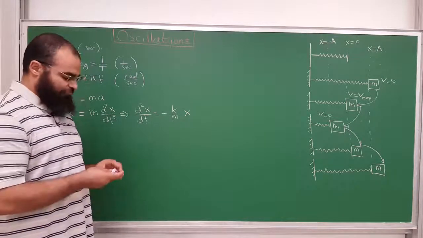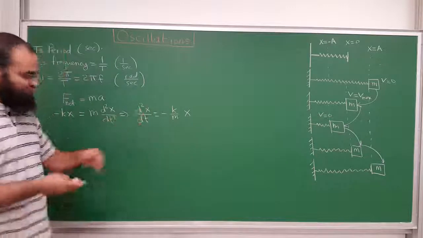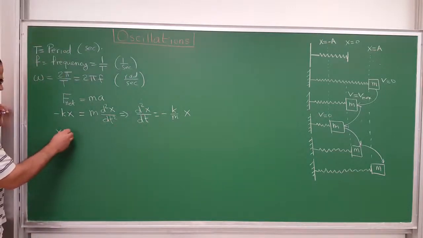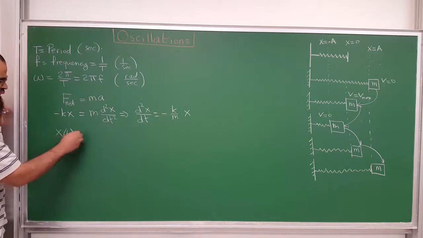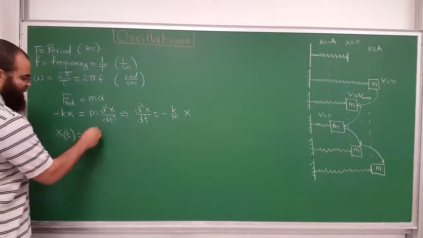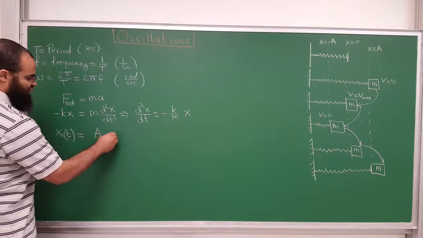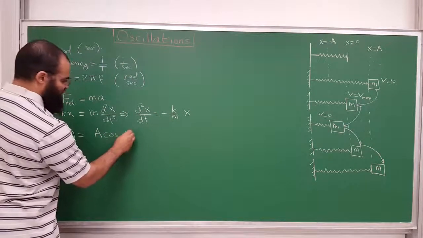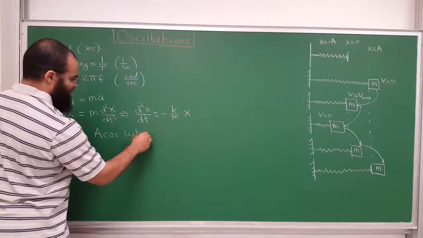So the general solution is x of t, x as a function of time, equal to some amplitude A times the cosine of omega t plus phi.